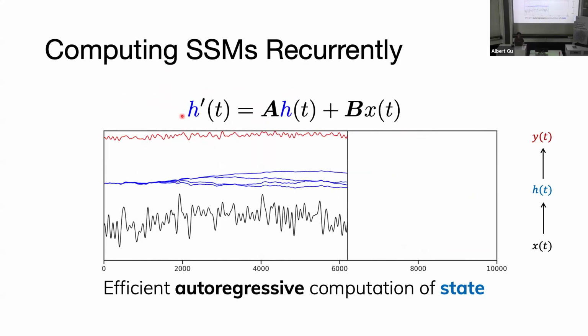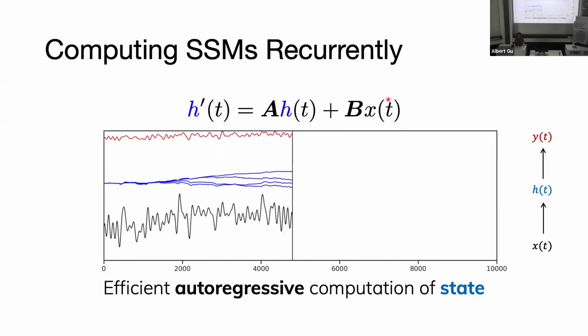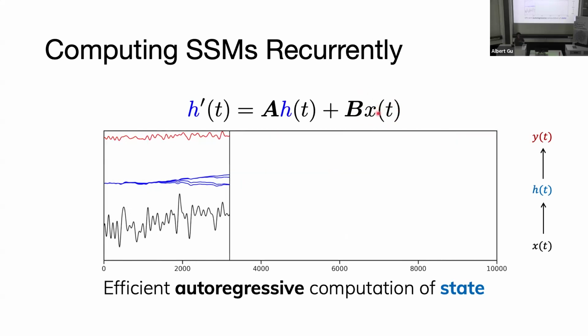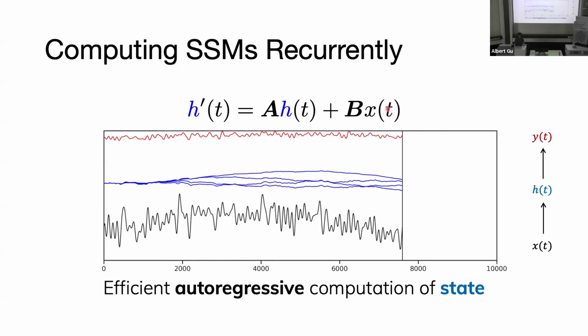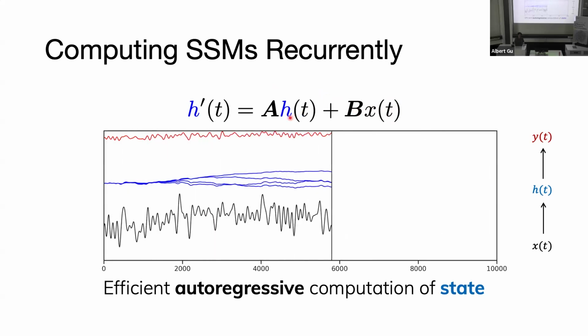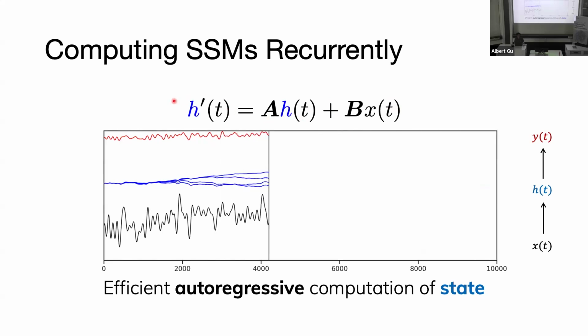Just like RNNs, we look at this one time step at a time. We get one new scalar input x, process it through this recurrence by multiplying it by b, combining it with the previous hidden state, where it's multiplied by a, and then adding them, and that gives me my new hidden state.